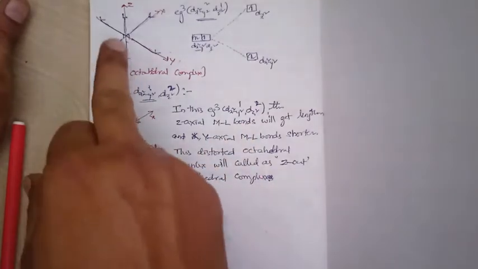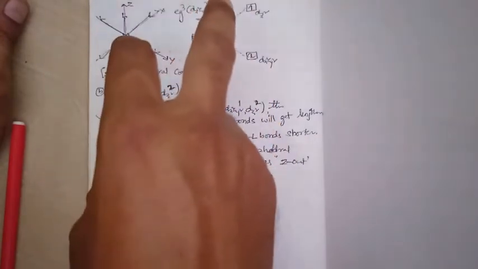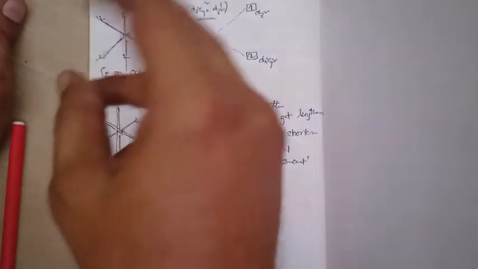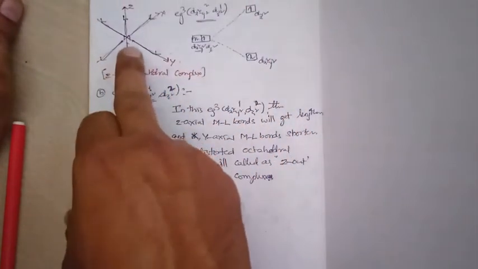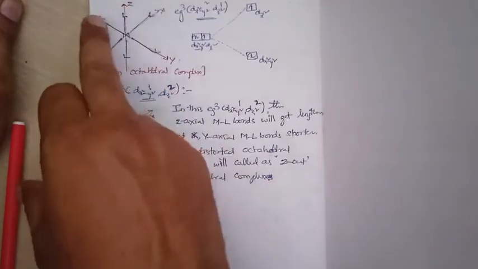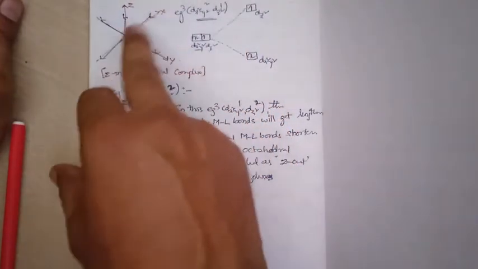Because in Z in octahedral structures, when we see the number of strengthened bonds and weakened bonds, 4 are weaker bonds: the metal to ligand bonds in x orientation and y orientation are lengthened, which means they are weaker bonds. In Z orientation, the metal to ligand bonds are strengthened, only 2 stronger bonds and 4 weaker bonds.